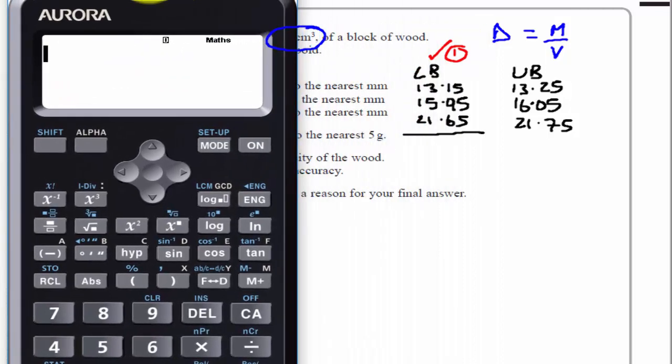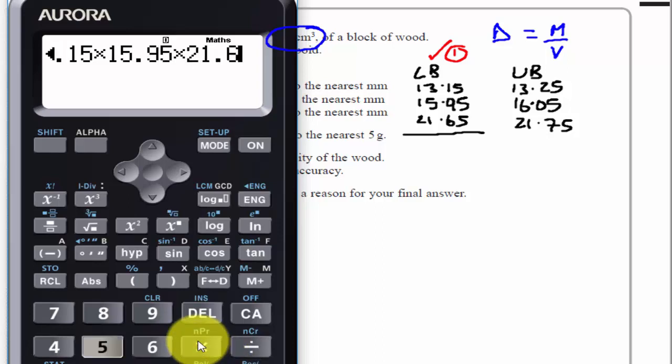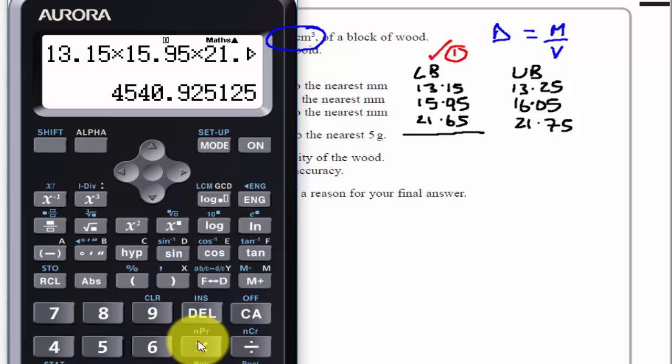So we do 13.15 times 15.95 times 21.65, and the minimum volume is 4,540.9251.